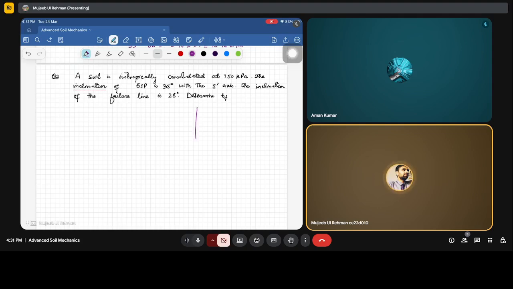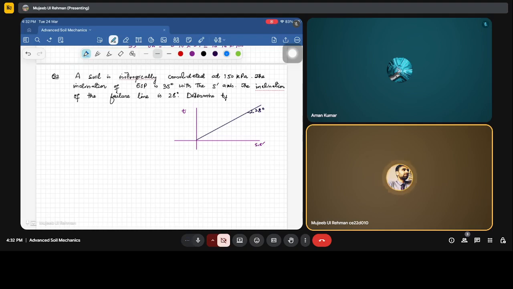So what is given is, for example, we have a soil state. This is S comma S dash and this is T. Fine. So this is the failure line, inclined at an angle of 28 degrees. And we have been told that TSP is inclined at 35 degrees.